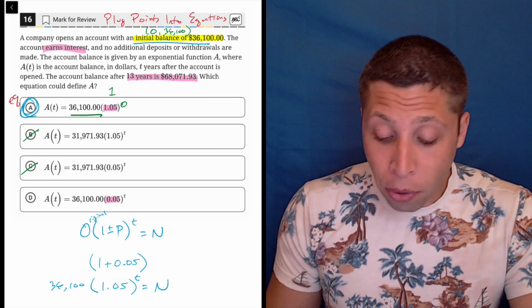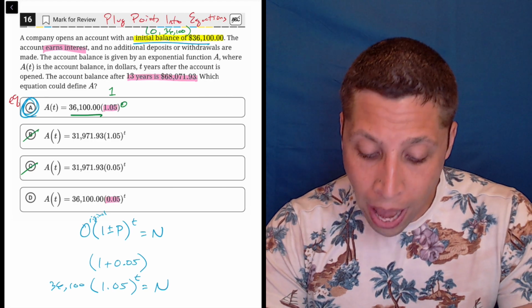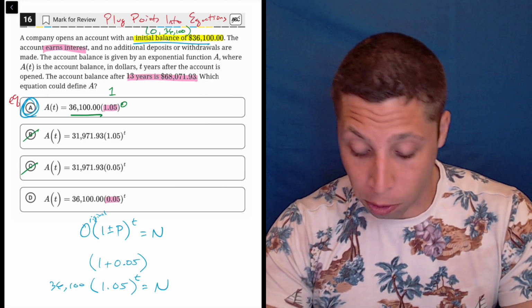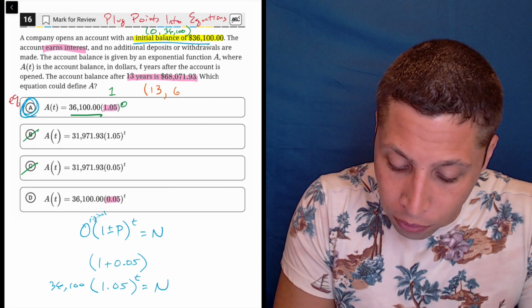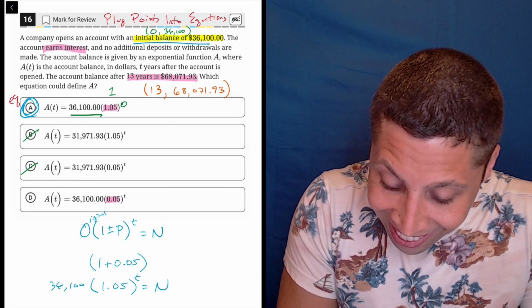Now, if that's a lot to memorize or it sounds confusing, then again, we have the plug points into equations strategy that we can use, because at the end of this question, they are giving us another point. They're telling us the value for t is 13, and then the value for A of t is $68,071.93.